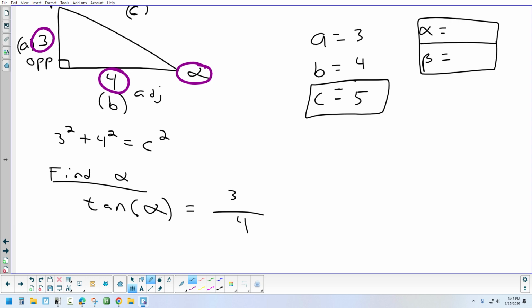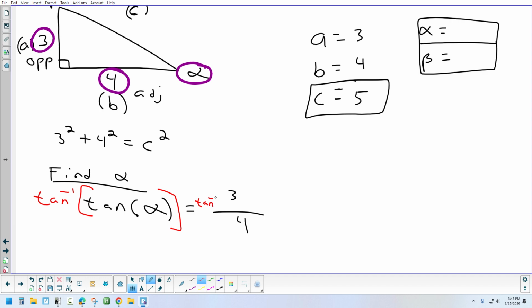Okay, we've got a variable inside a trig function. We need to get rid of tangent. What function cancels out tangent? Yep, inverse tangent. So remember, there's no arithmetic. We're not multiplying, dividing, adding, or subtracting. We are taking the inverse tangent of each side.